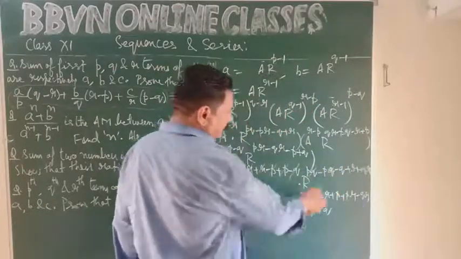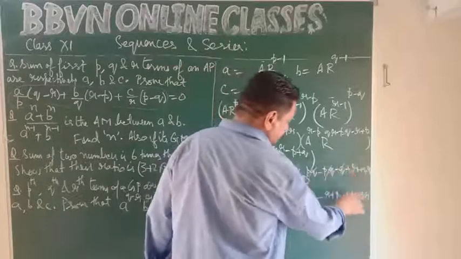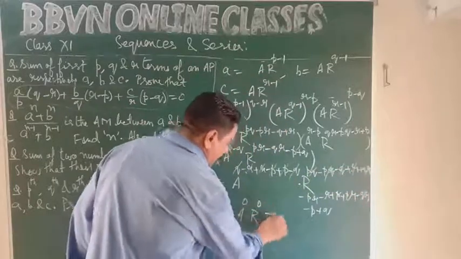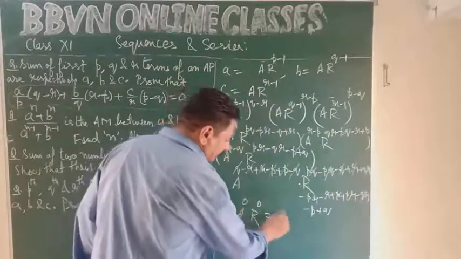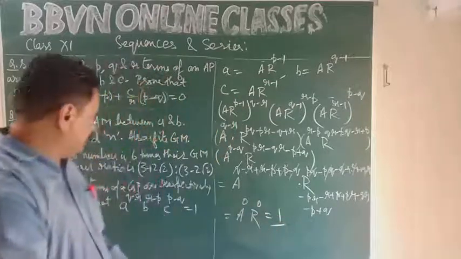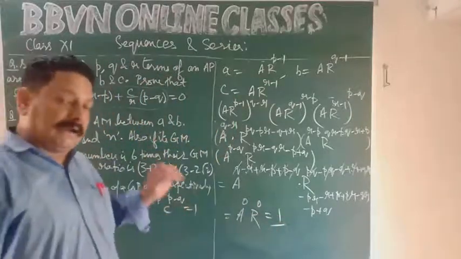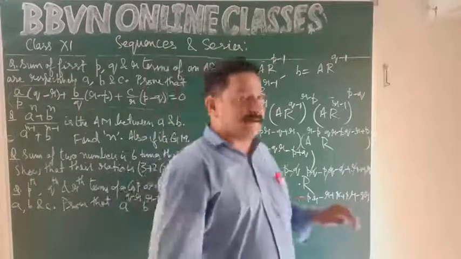So all the terms will be cancelled. r to the power 0. A power 0 is 1, r to the power 0 is 1. 1 into 1, 1. This is how you get the answer. Try to solve the questions from the exercises and come up with your doubts, children.